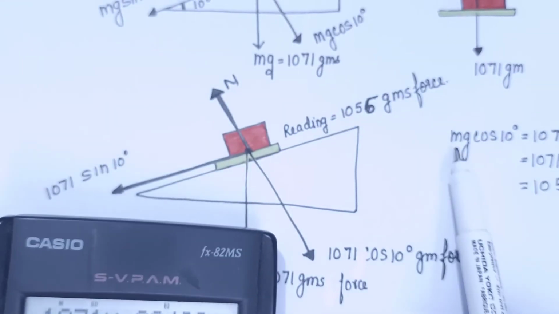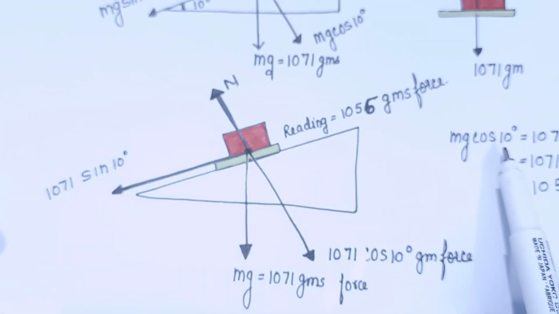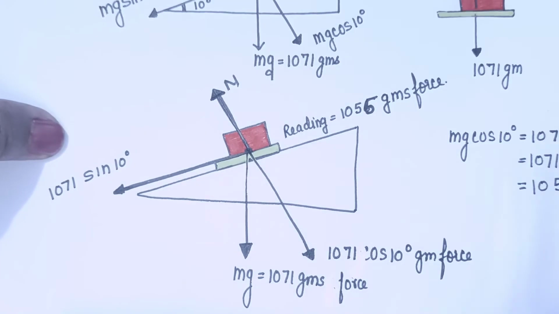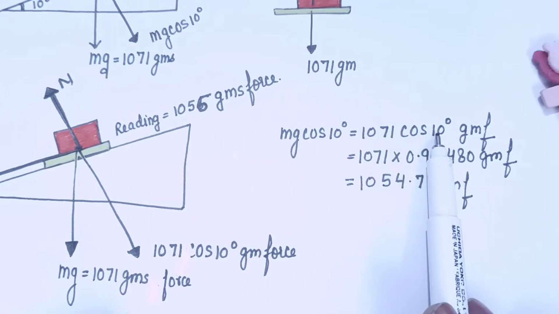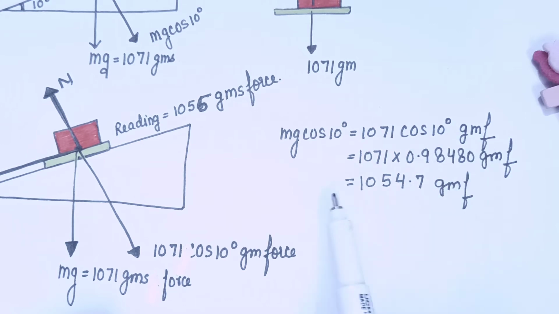So mg cos 10 is equal to 1071 cos 10 gram force, that is 1054.7 gram force approximately. Now let us see the reading of the weighing machine.